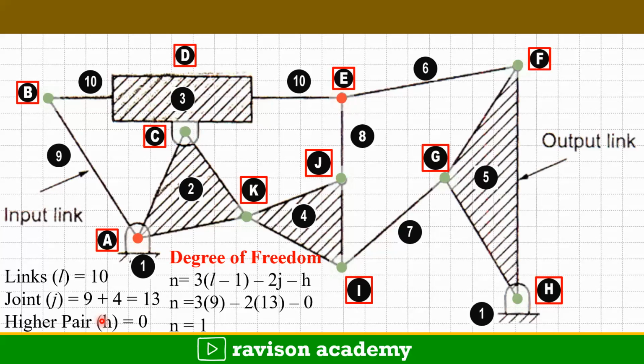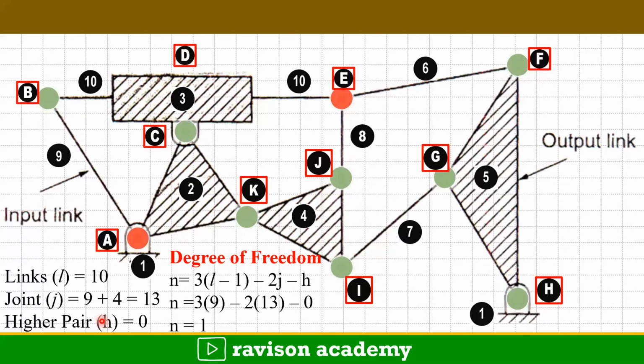Similarly, the joint B connects 10 and 9, and joint F connects 5 and 6. So the total number of binary joints is 9 and ternary joints is 2, so the total number of joints is 13. The higher pairs are 0. So the degree of freedom for this mechanism is 1.